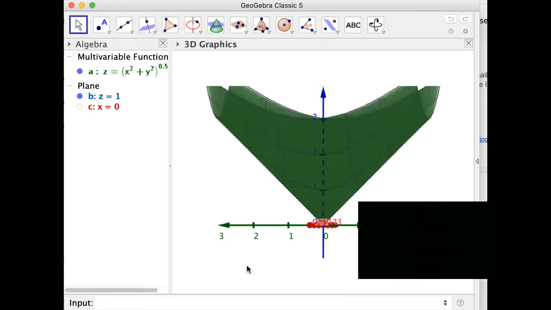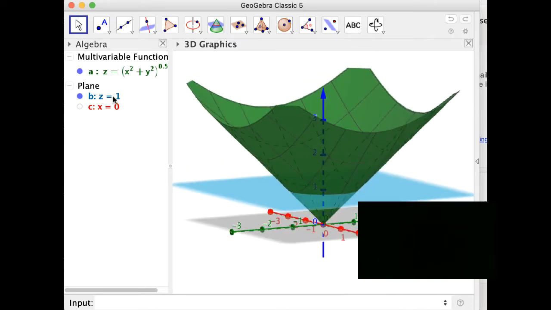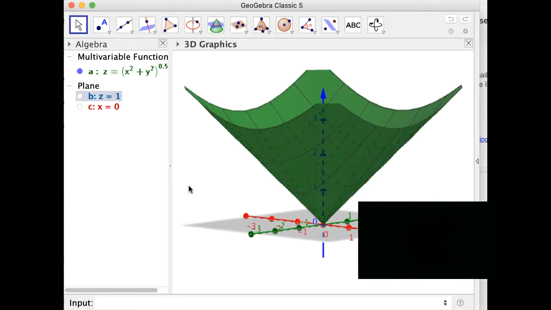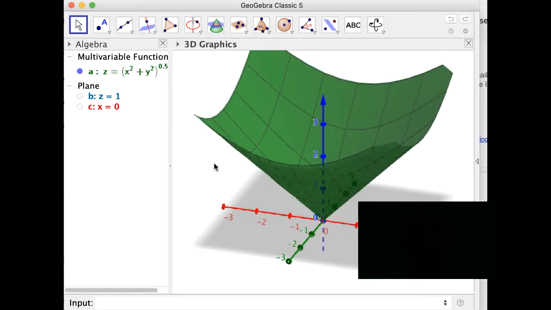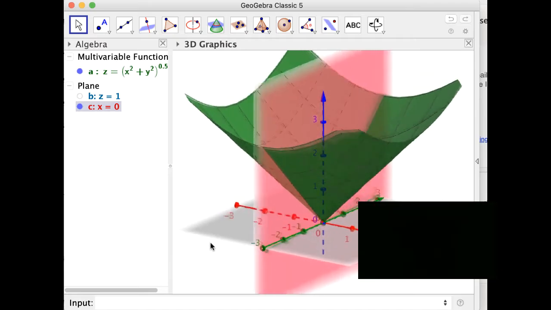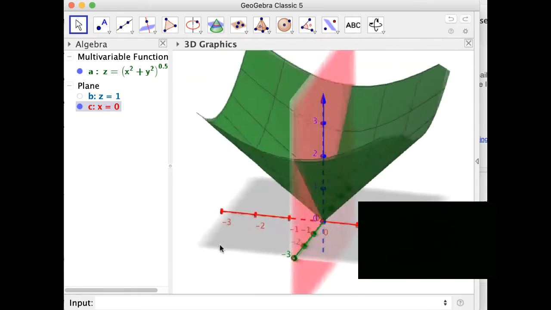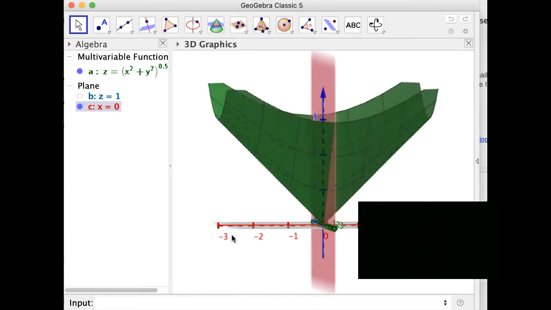Okay, so in order to exploit this symmetry more conveniently, let me just delete this plane for now. You can instead intersect this region with a different plane, and say, let's take the plane x equals 0. It doesn't really matter which vertical plane you choose. That's the whole point of the symmetry.